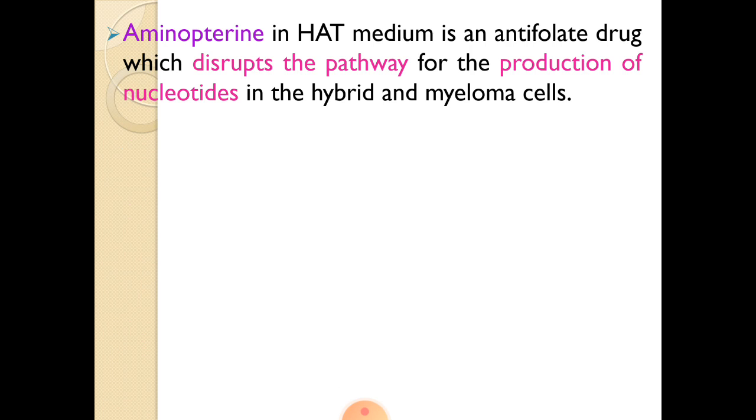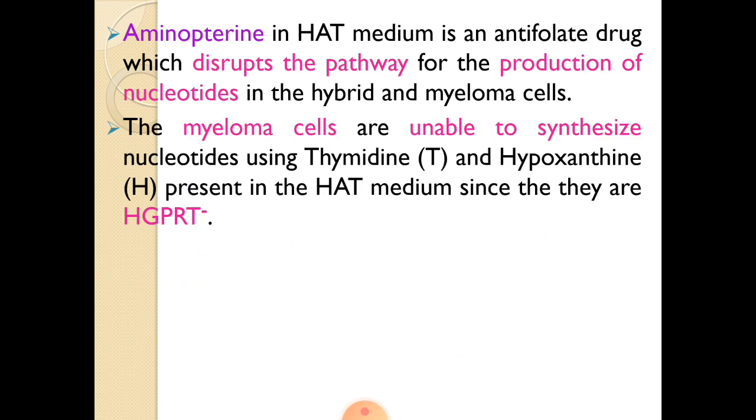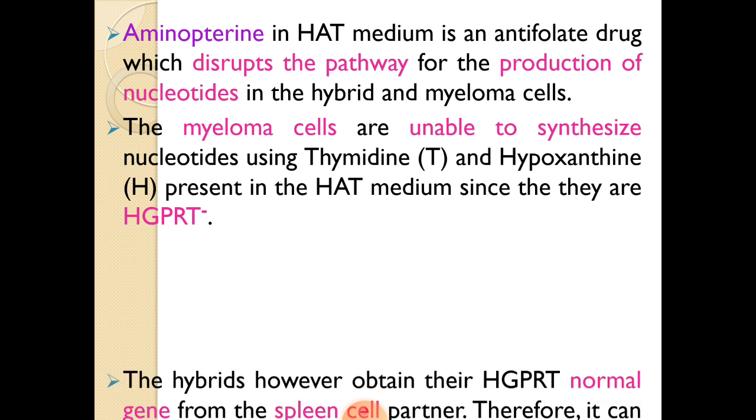Aminopterin in HAT medium is an antifolate drug which disrupts the pathway for the production of nucleotides in the hybrid and myeloma cells. The myeloma cells are thus unable to synthesize nucleotides using thymidine and hypoxanthine present in the HAT medium as they are HGPRT negative.